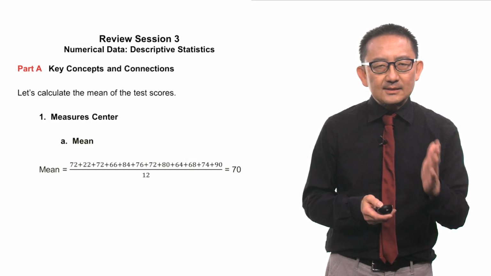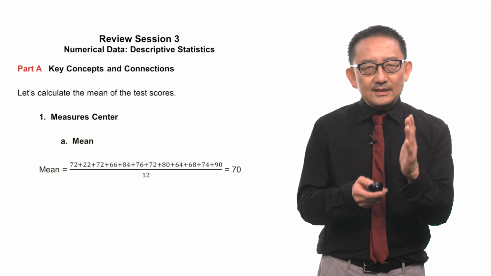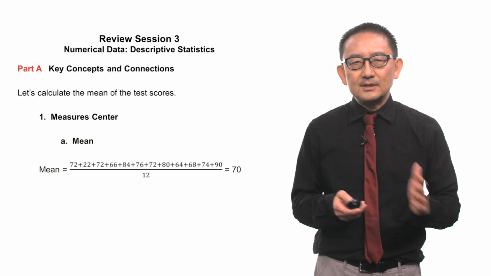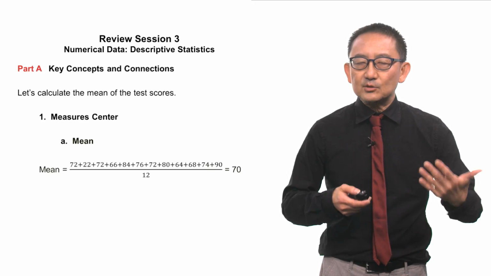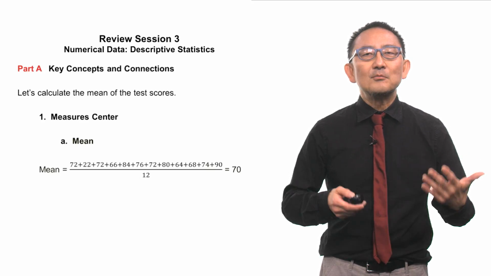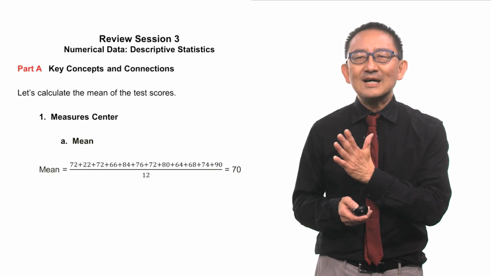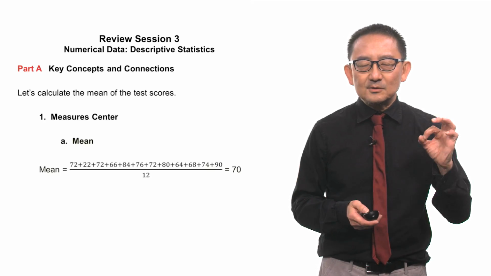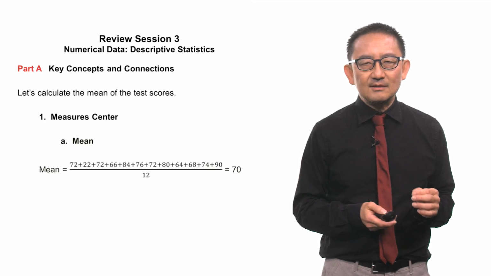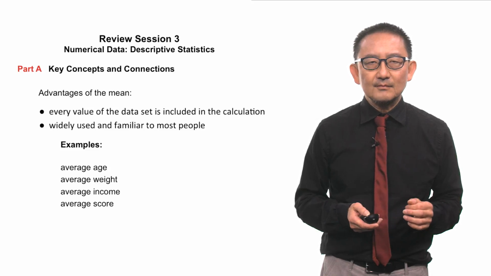In this case, if we took each of those individual data values, put them in the numerator, and divided by 12, because 12 is the number of data values that we have, we would get 70. So 70 is the mean of our data set.